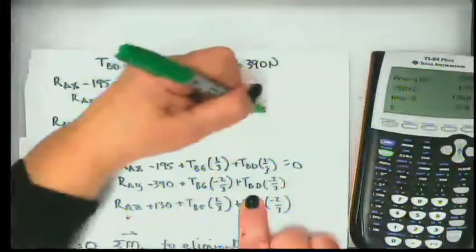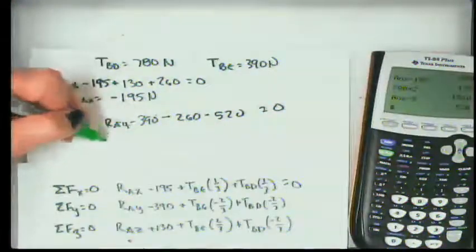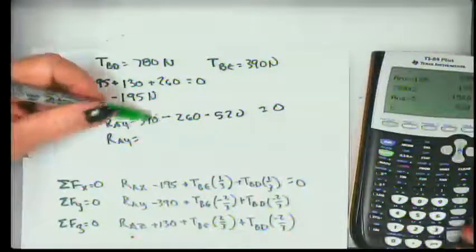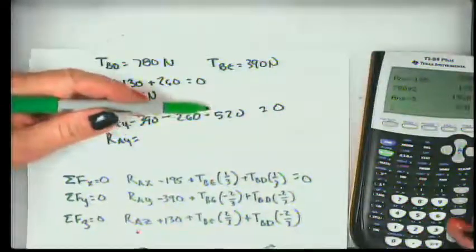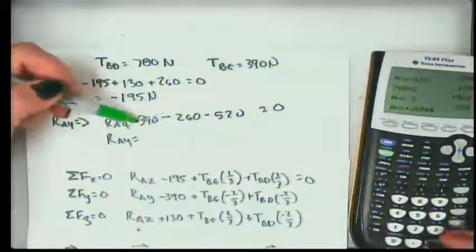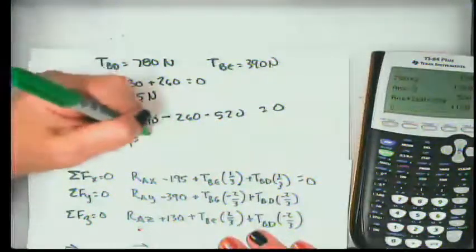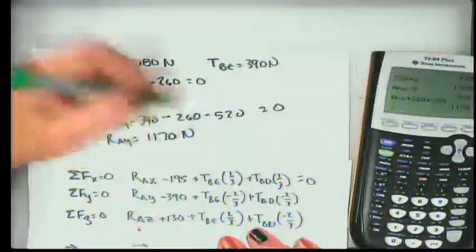Those added together equals 0. So once again, I can bring everything over on the other side, and they're all positives. So I take 520, add 260, add 390, and the value of RAY is 1170 newtons.